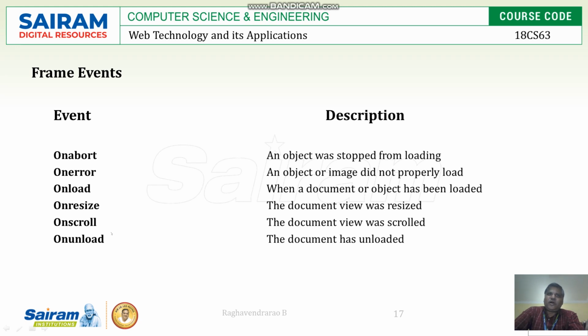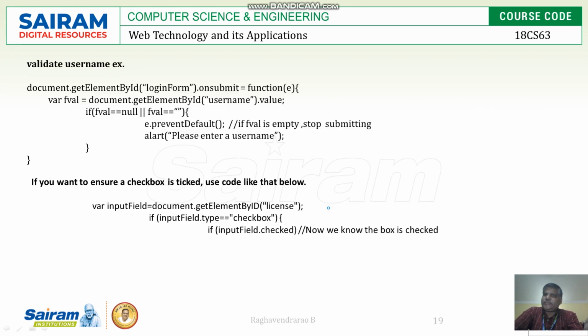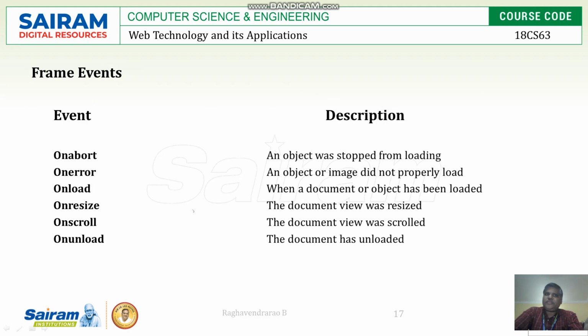Then on unload: the document is unloaded, coming out of that particular function. Then what you should do, you write over there. These are the events, and what action should happen, you should write that also.